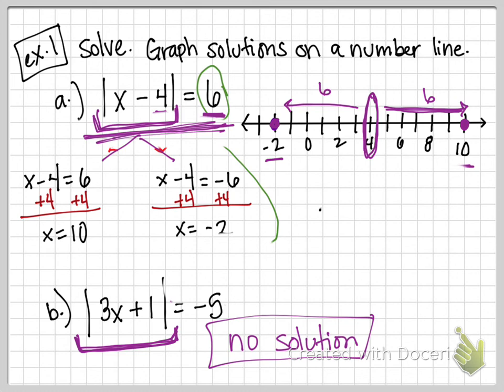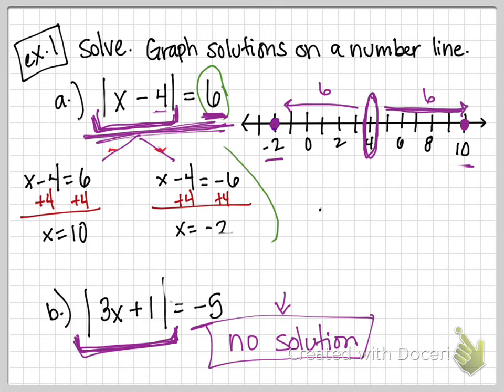So even less specific than that, anything inside an absolute value has to give you a positive answer. Any absolute value has to be simplified to a positive number. So you get the absolute value by itself, and it has to equal a positive. If you get the absolute value by itself and it equals a negative, there is no solution. If that was instead of -5, if it was just 5, then we're good. Then we keep going.